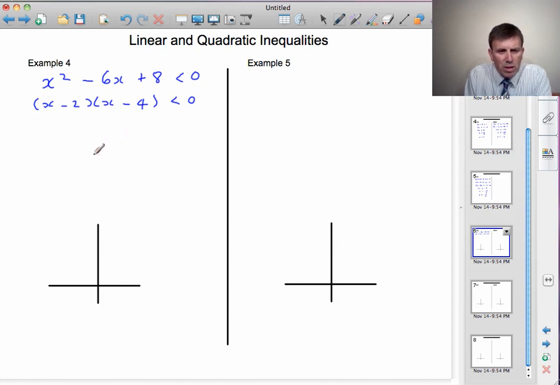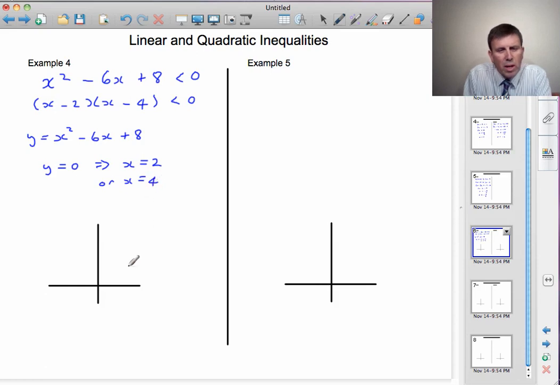Now at this point I'm going to draw the graph of y equals x squared minus 6x plus 8. I can see from my factorization here that if y is equal to 0, there's an implication that either x is equal to 2 from the first bracket or x is equal to 4 from the second bracket.